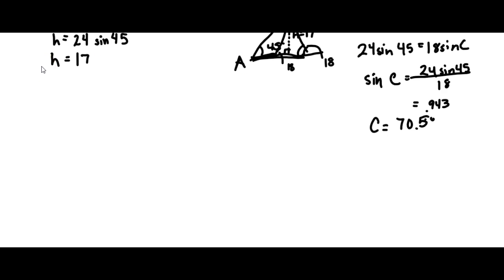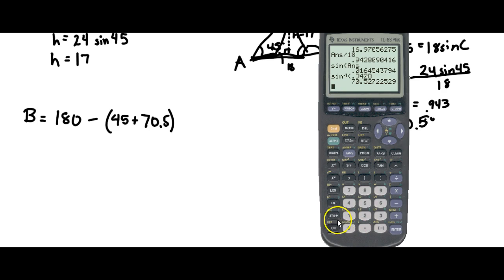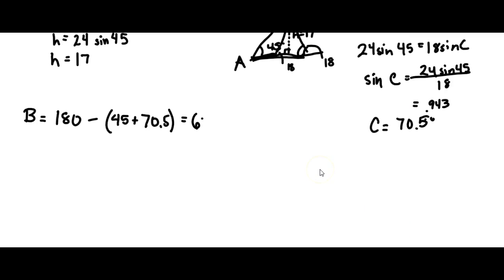Finishing off the little triangle, we know that B, the angle that is, has to be 180 minus the sum of the other two angles, so 45 and 70.5. And when I put that in my calculator, 180 minus 45 plus 70.5, I get 64.5 for angle B.